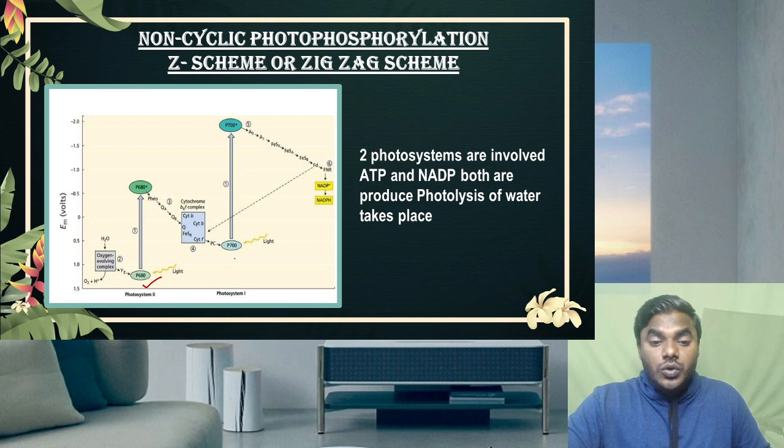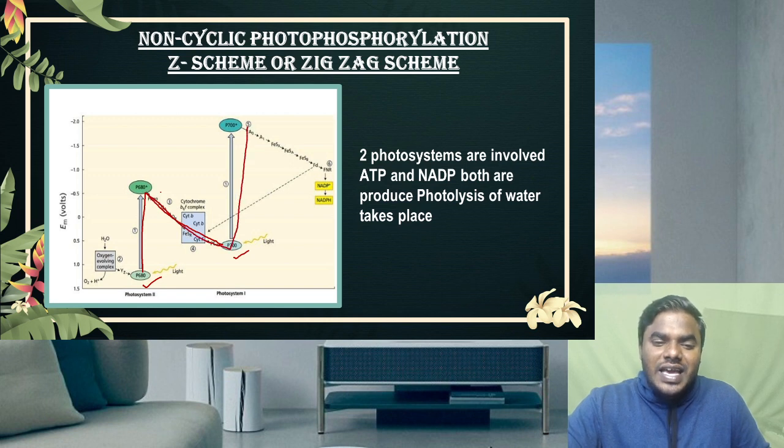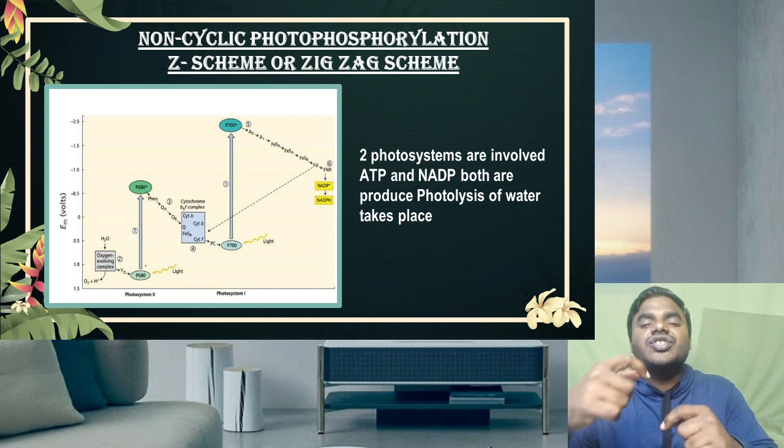P680 photosystem 2, P700 photosystem 1. Now you try to look into this. This is how the electrons are moving. Now friends, the scheme of electron flow looks like a sleeping jet, correct? That's why we call non-cyclic photophosphorylation the Z scheme or zigzag scheme.